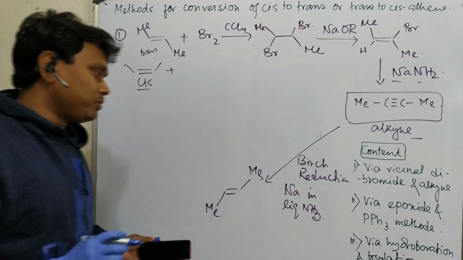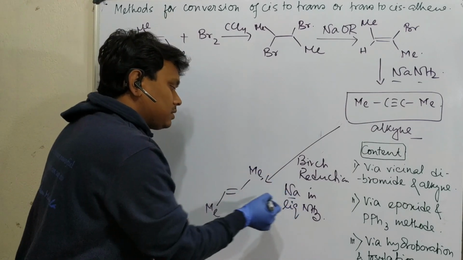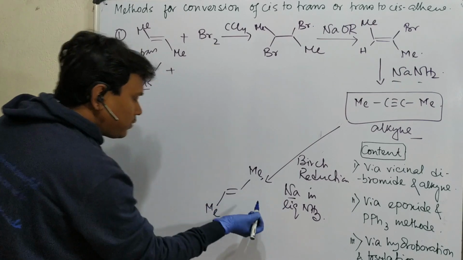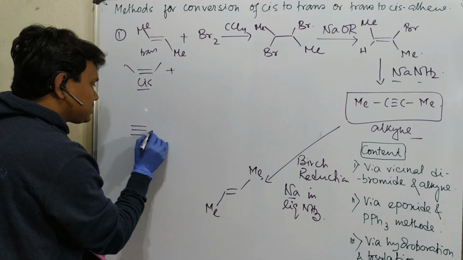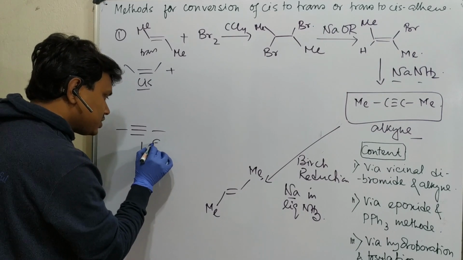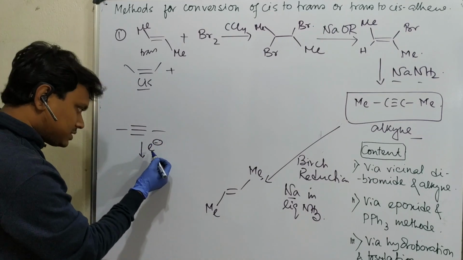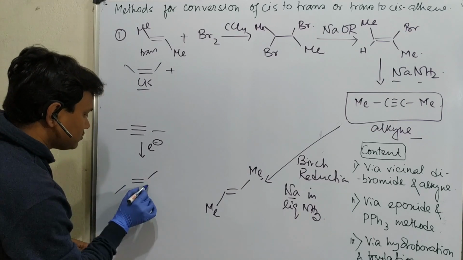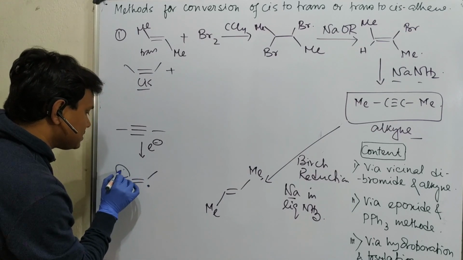Okay. By the way, I want to mention that in case of Birch reduction of alkyne, actually what happens? First, this alkyne takes an electron which is generated from sodium and stabilized in ammonia, resulting in a trans form. This is the radical and this is the anion.